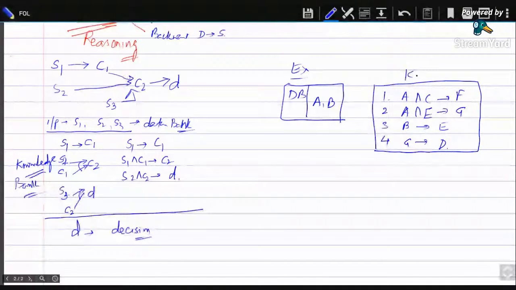What do you want to decide? You want to decide if A and B implies D.